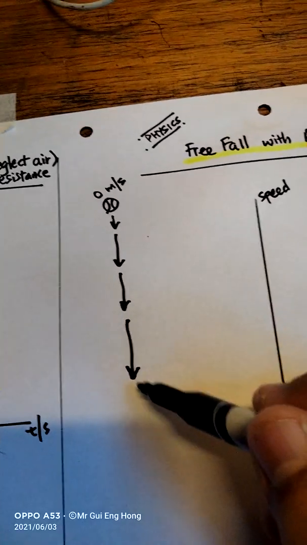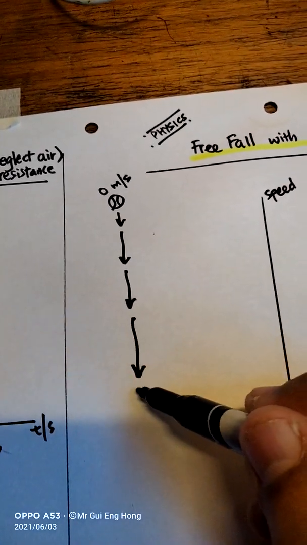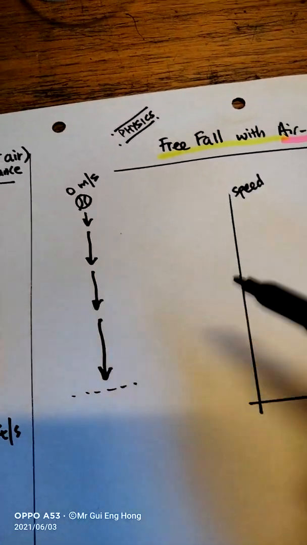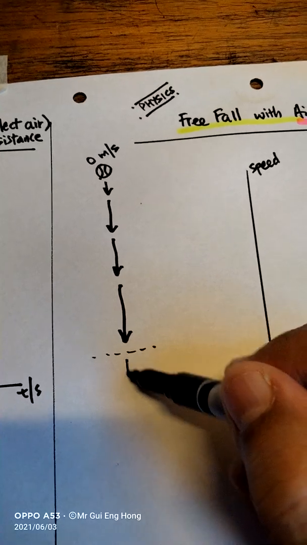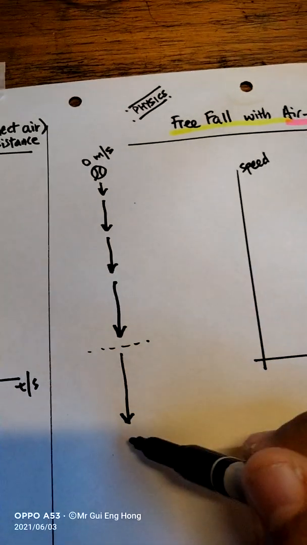Now, it will reach a point where the speed of the ball will no longer increase but instead maintain at top speed.